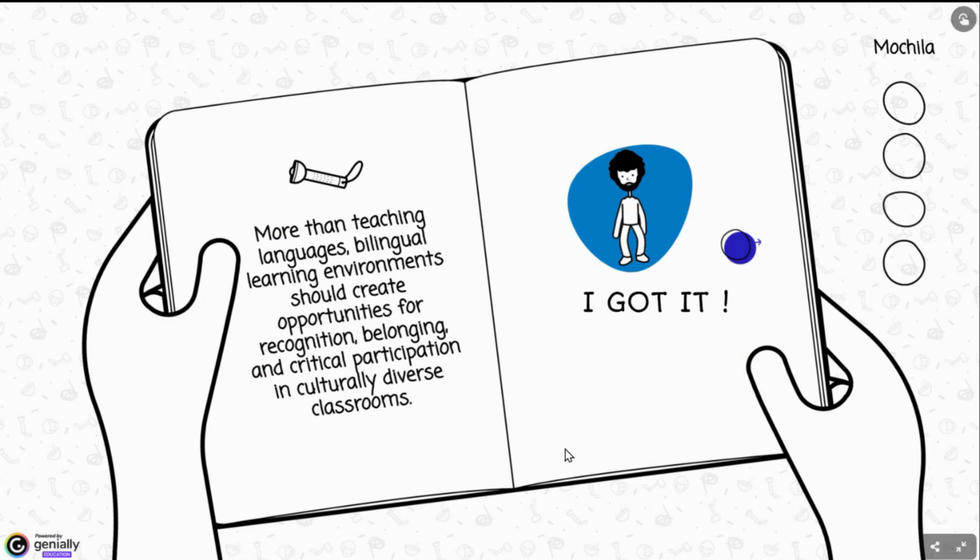So, as a final reflection, we could say that more than teaching languages, bilingual learning environments should create opportunities for recognition, belonging, and critical participation in culturally diverse classrooms.